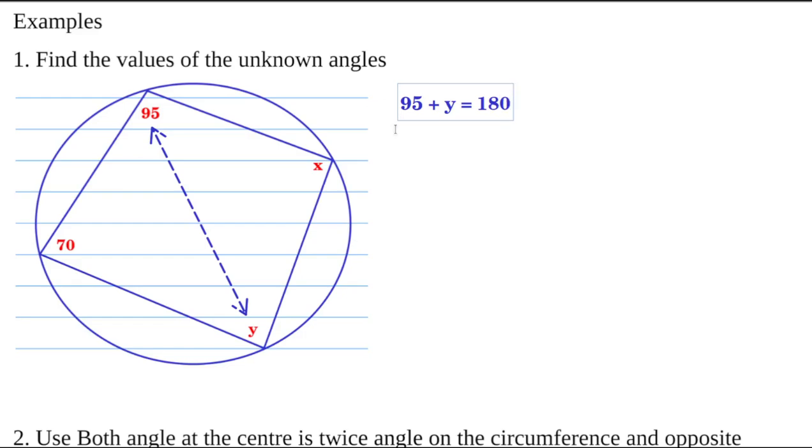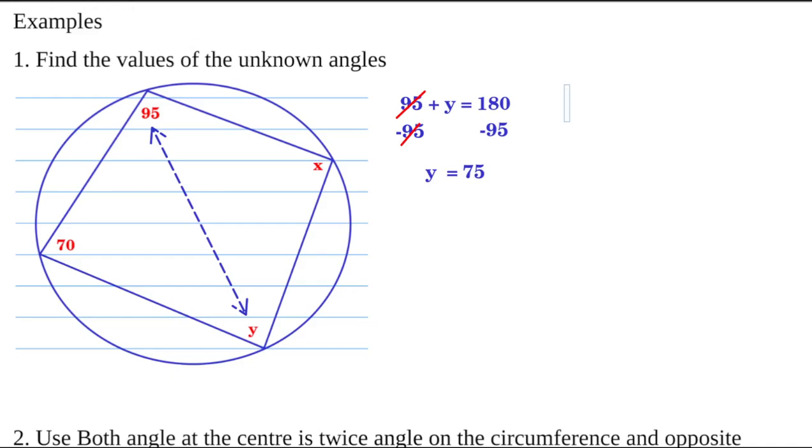Then from there, just subtract 95 from both sides of the equation, and the 95 is going to be cancelled out here, and then you are left with y is equal to 180 minus 95, which is actually 85 degrees.